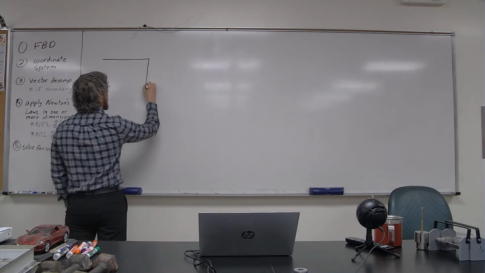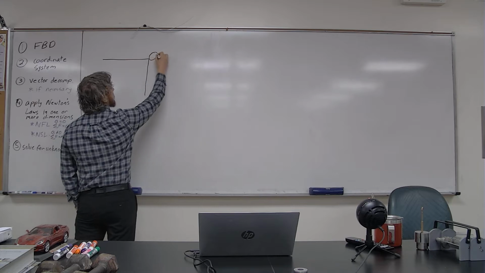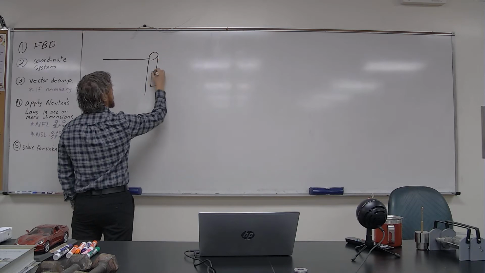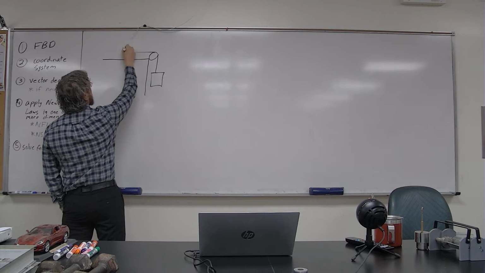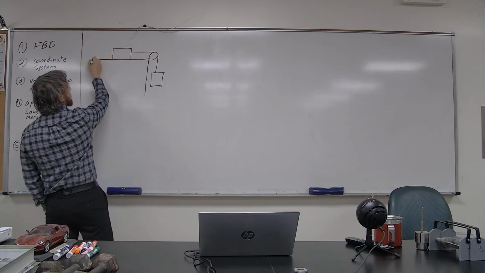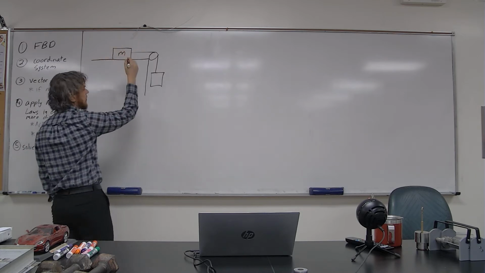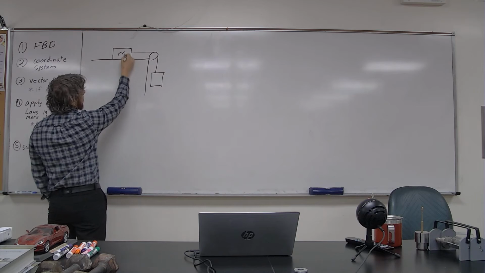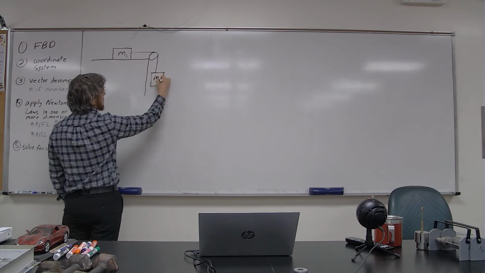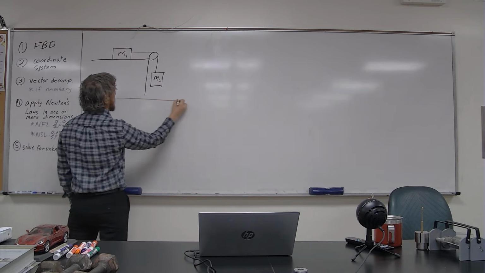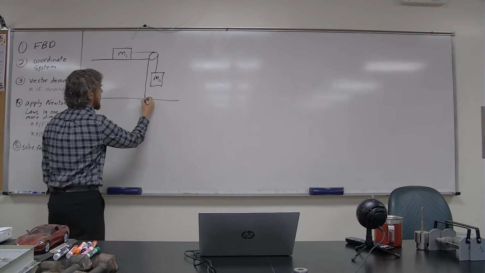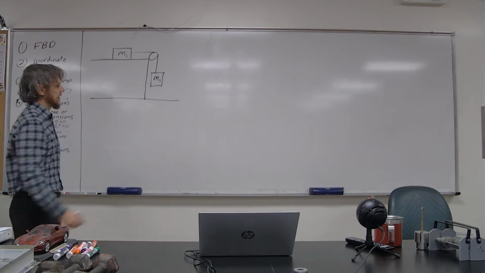So we're going to do this problem now. It's the one where we have 2 masses set up like this. You might have seen a system like this set up in front of a class this year. I'm going to call this guy M1 and call this guy M2. And it's kind of weird because we're not given values for these masses.